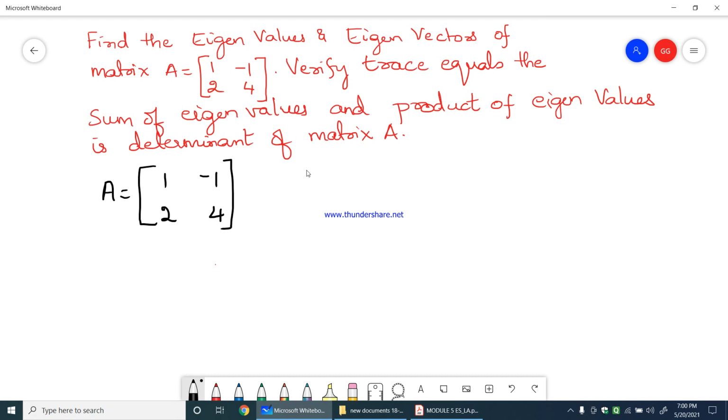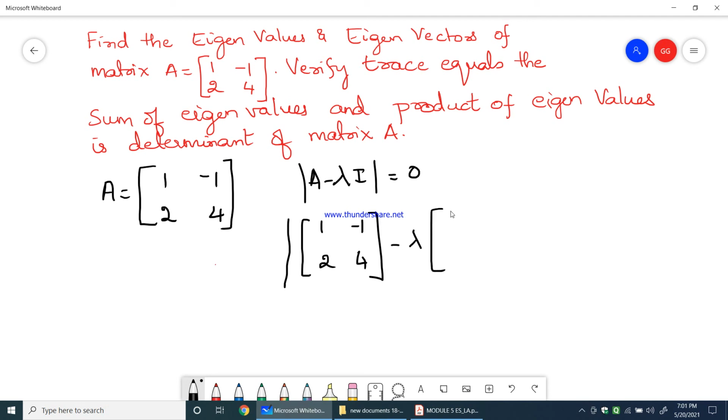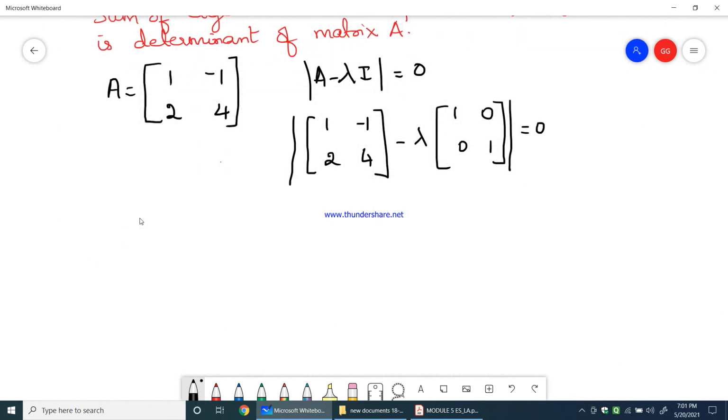Okay. So, we know that determinant of A minus lambda I equals 0 to find out the eigenvalues, and we know identity matrix will now be a 2 cross 2 identity matrix. Therefore, determinant of 1, minus 1, 2, 4 minus lambda into 1, 0, 0, 1 equals 0. So, therefore, we will be getting determinant of 1 minus lambda, minus 1, 2, 4 minus lambda equals 0.